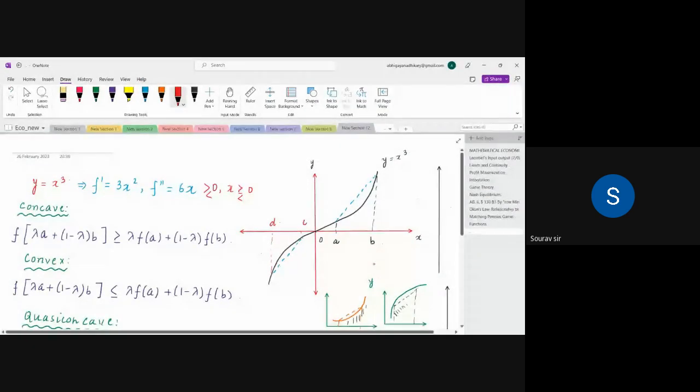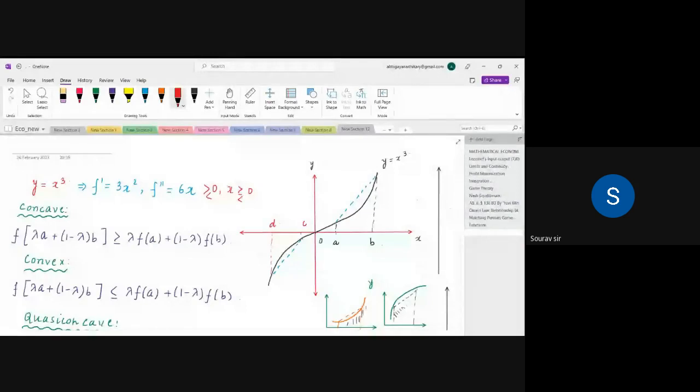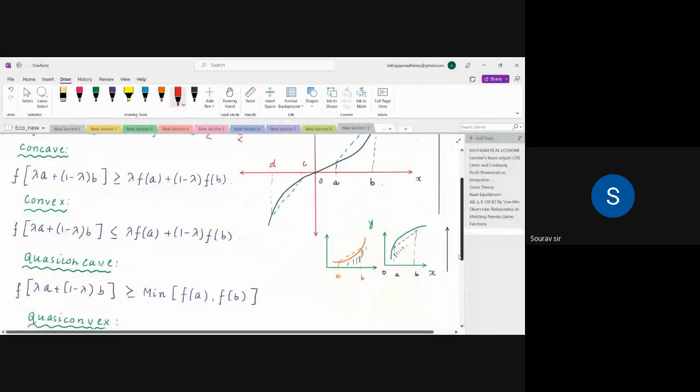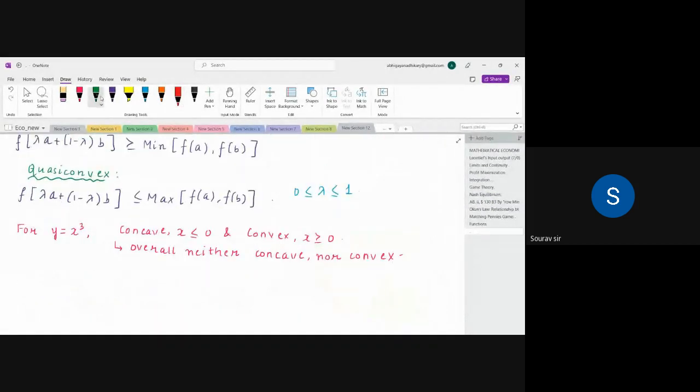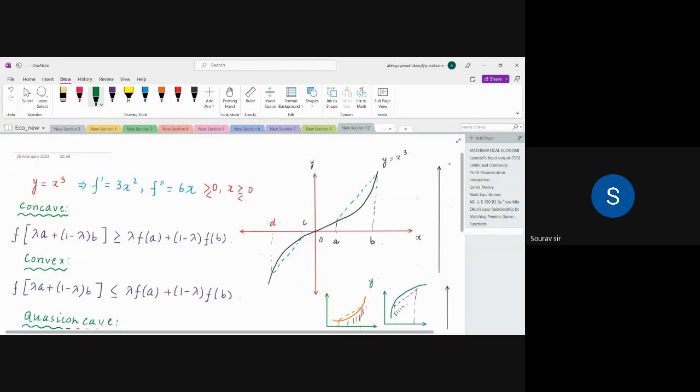Okay. So obviously what we need to do over here, we need to take 3 situations. Let's say I'm checking for quasi-concavity. Since the origin is the point at which it is changing the curvature, we should consider 3 situations. Number 1, we should take 2 positive points and check.